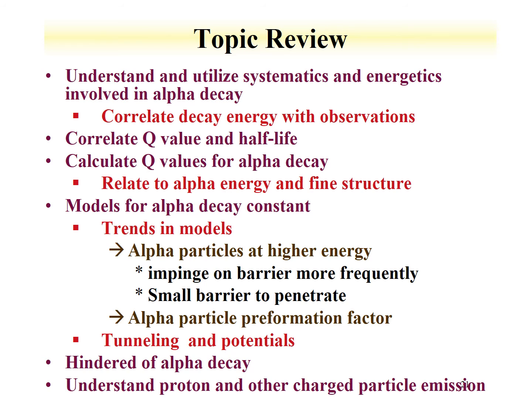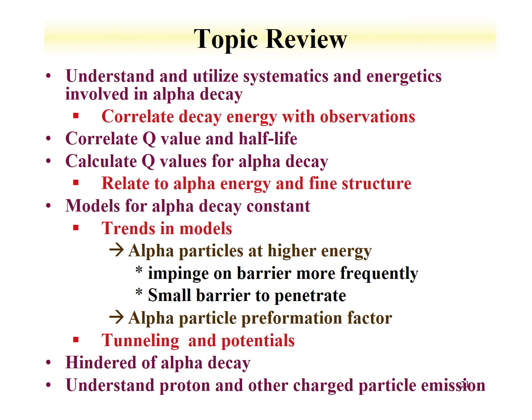Of course, this accounts for very long half-lives, and this also accounts for the large range of half-lives that can be observed for alpha decay. We described some of this hindrance and some of these behaviors through the term the hindrance of alpha decay, which is basically a difference between the model and the observation.